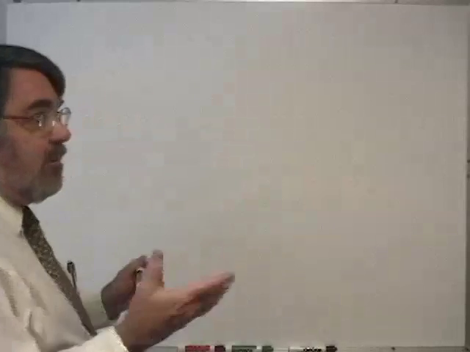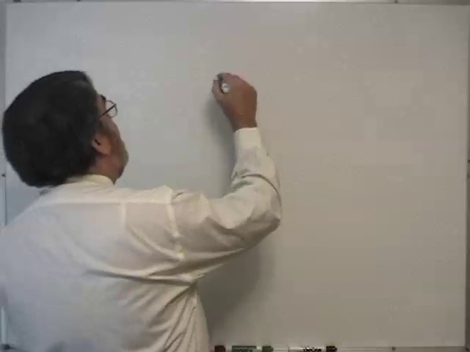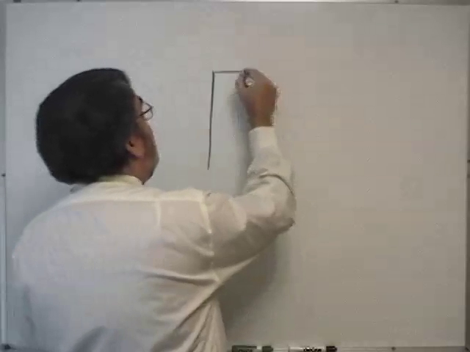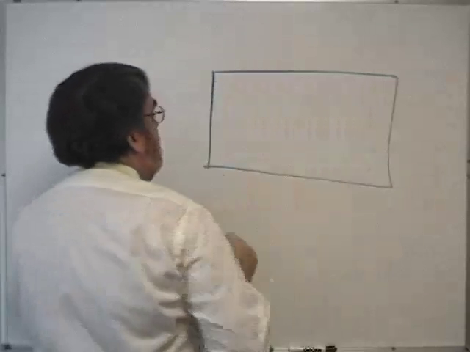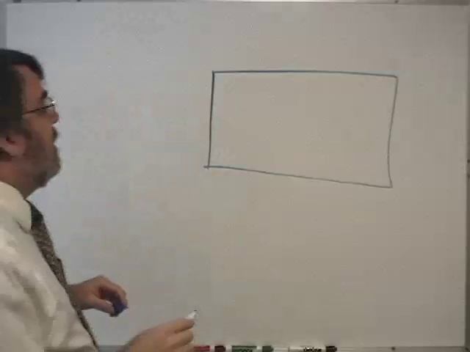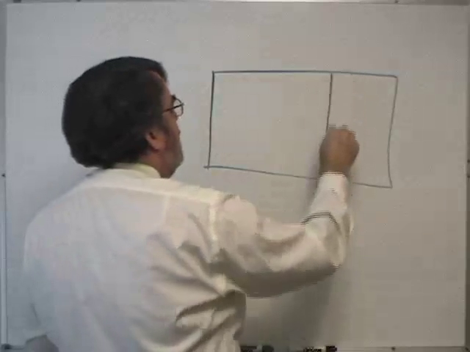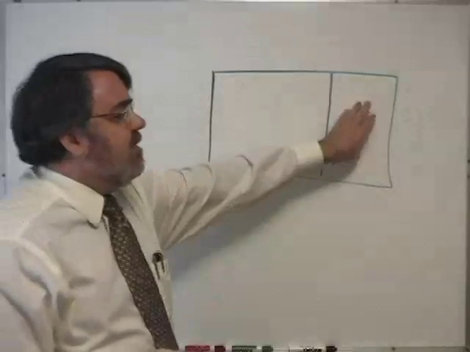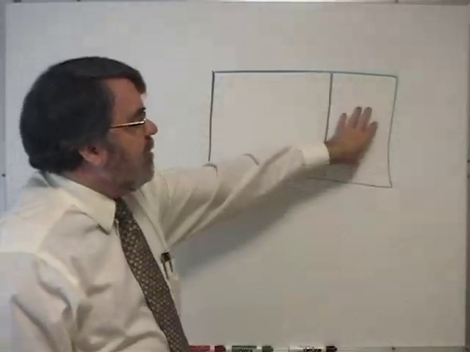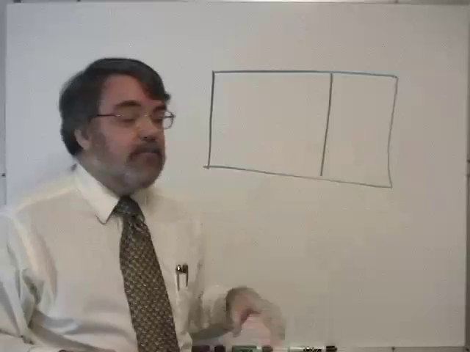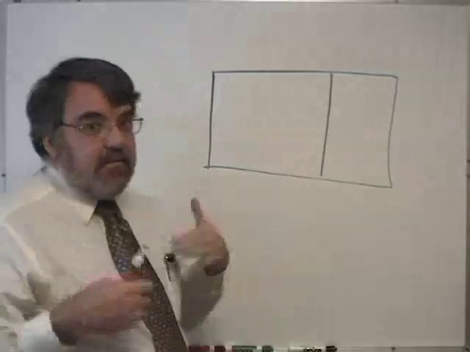And here's what it is defined as. The golden rectangle is a rectangle such that when you cut off a square from it, the remaining rectangle over here has the same proportion as the original. Let me run that through again.